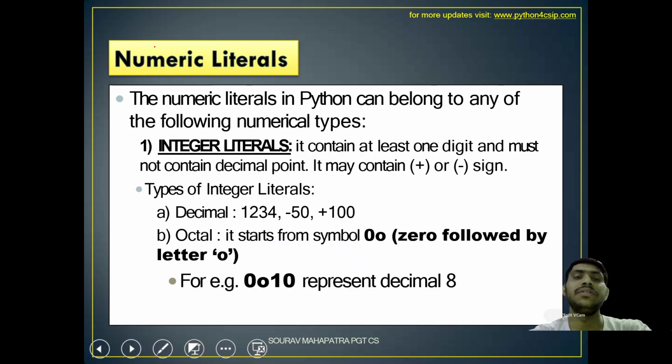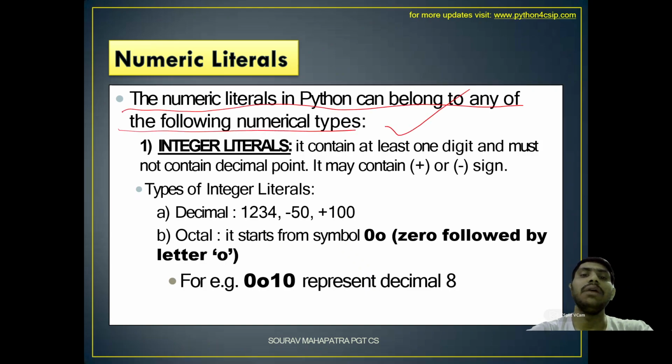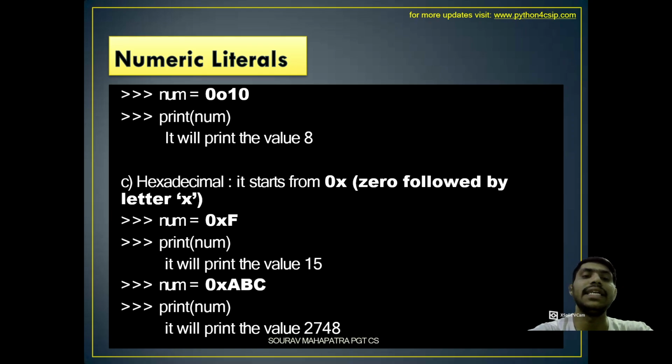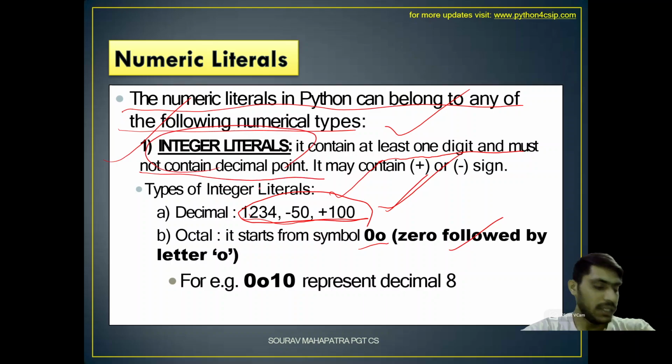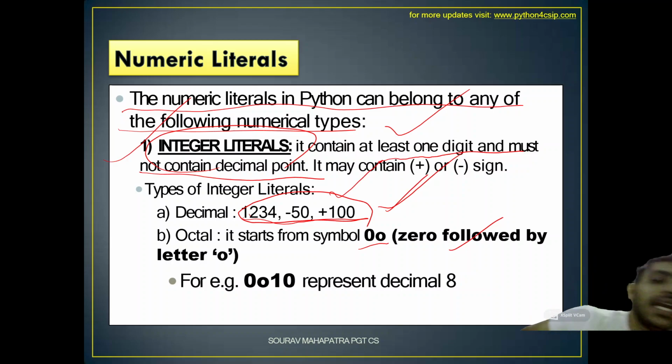Numeric literal. The numeric literal in Python can be any of the following numerical types: integer literal. The types of integer literal are decimal, octal, and hexadecimal. Decimal values start from 1 to 9, whatever value you write, negative or positive, with at least one digit, and must not contain any decimal point in an integer literal.